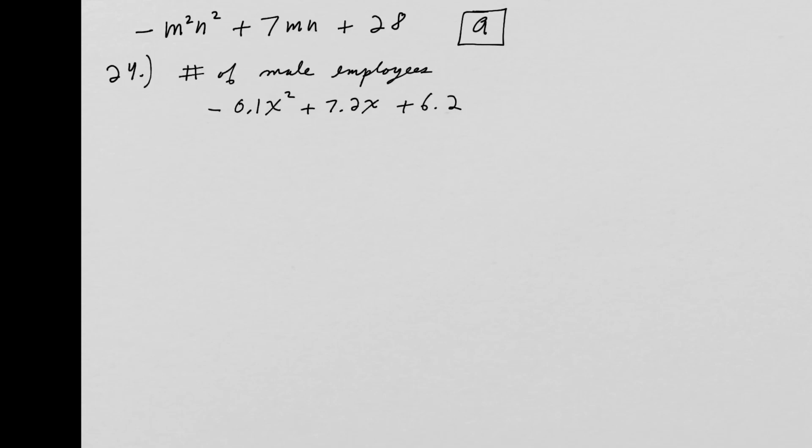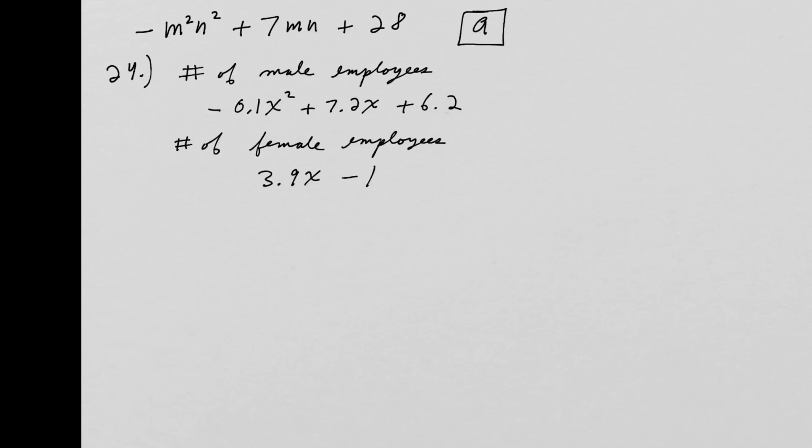The corresponding polynomial for the number of female employees is 3.9x minus 1. And what they want us to find is the polynomial that represents, for a given year, how many more male employees than female employees there were.